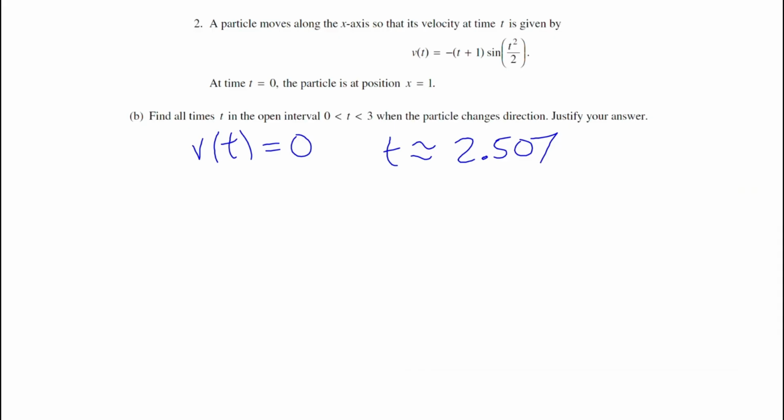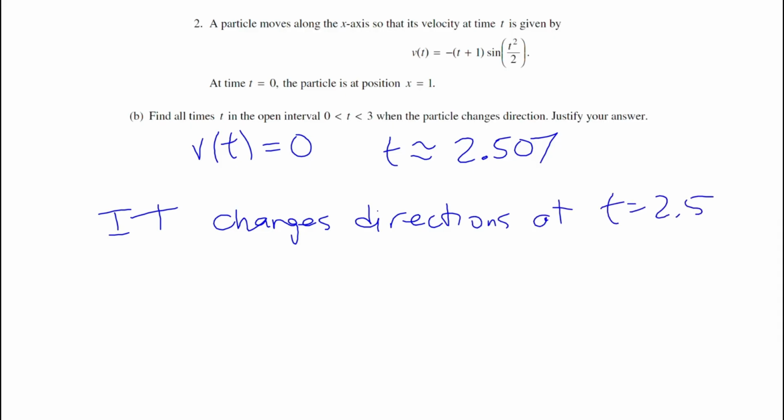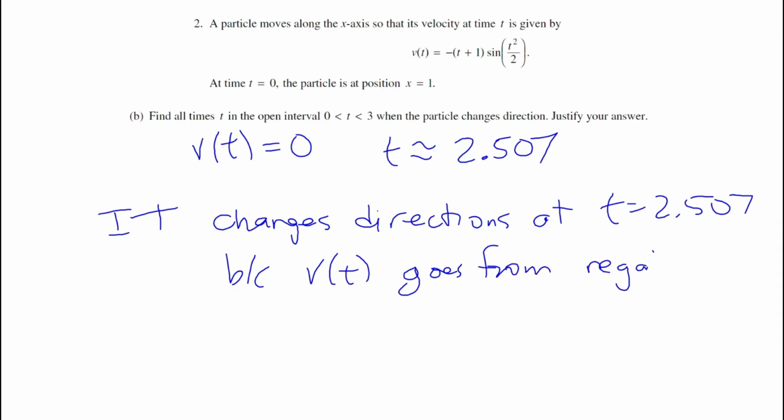And so we can say it changes directions at t equals 2.507 because v of t goes from negative to positive. And you got 2 points for that, 1 for the value and 1 for the reasoning.